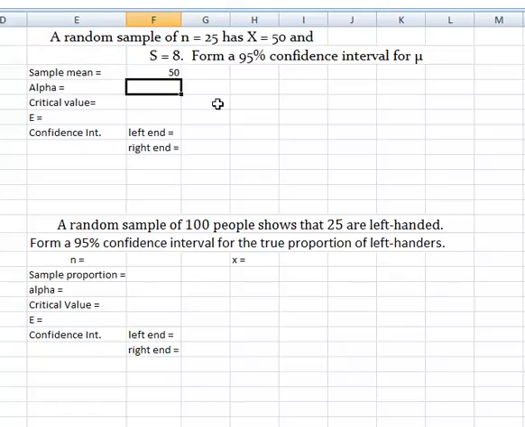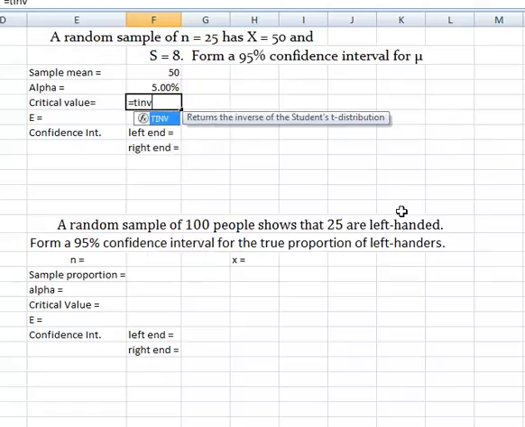Then what's alpha? For a 95% confidence interval, alpha will be 1 minus 95%, so alpha is 5%. For the critical value, this time we use the T distribution, so T.INV.